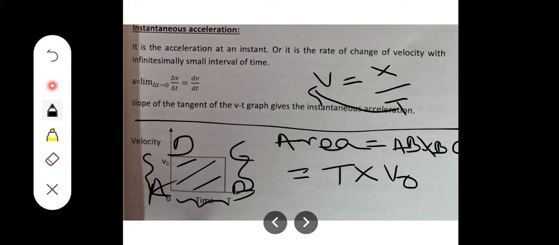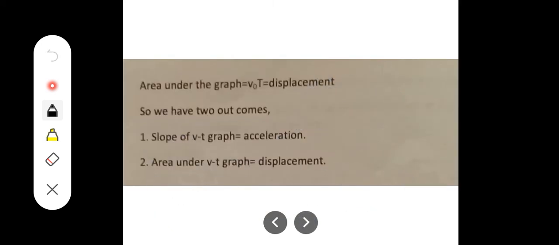X is displacement. So in this case also, t into v0 will give you the value of displacement. So what I can conclude is that the area under this velocity-time graph, v0 t, equals displacement.